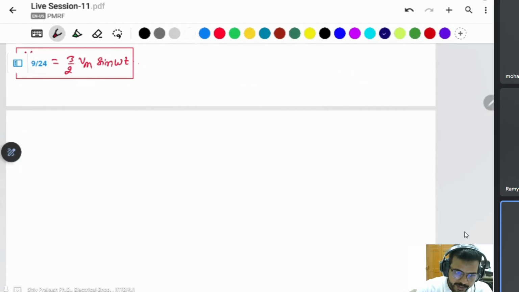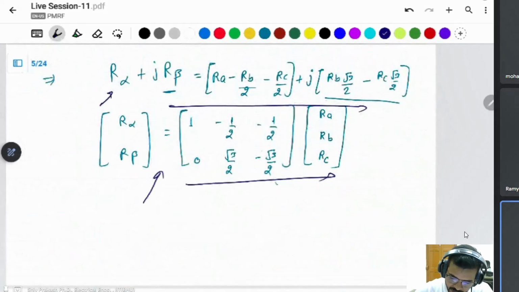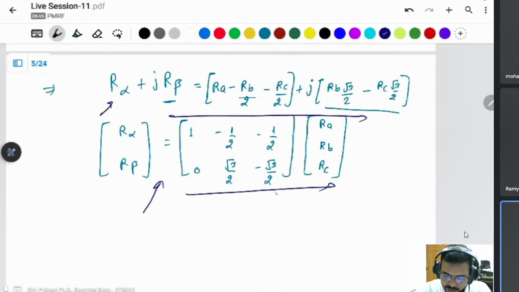Next one for beta. Same thing used for beta, V beta. You can use this one. V beta is Va times 0, plus Vb times root 3 by 2, minus Vc times root 3 by 2.